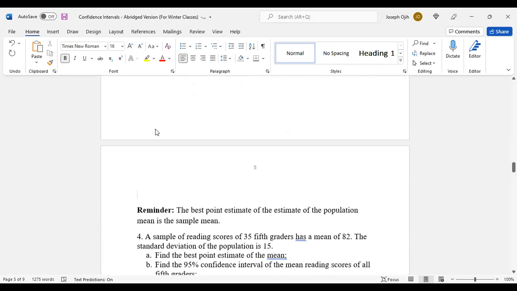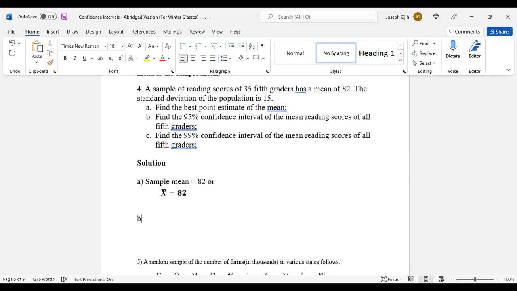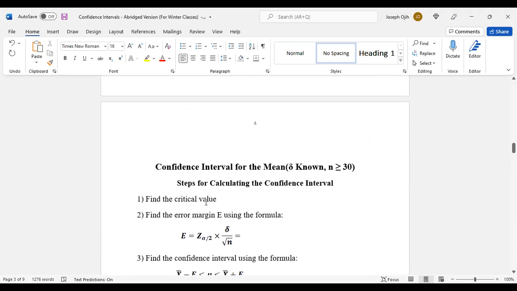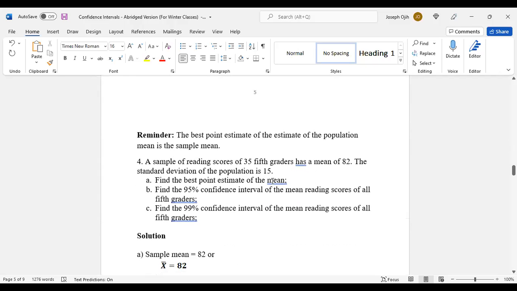Now, as this says, find the 95% confidence interval of the mean reading scores of all fifth graders. To do part B, that's where you follow the steps. Remember the steps. It says, find the critical value. For the 95% confidence level, the critical value is given already.